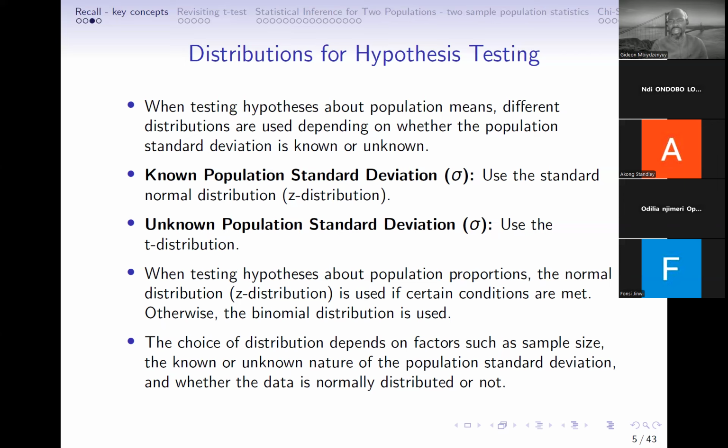But if we do not know that, then that is where the T distribution comes in, or the student T test. A lot of the times I also said we would use the T distribution because we often do not know the standard deviation.